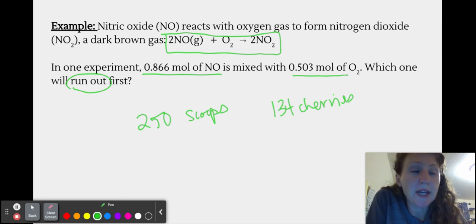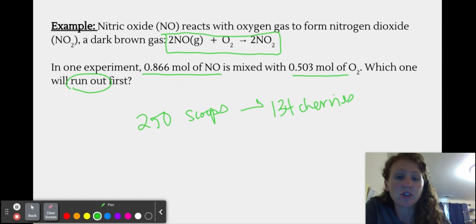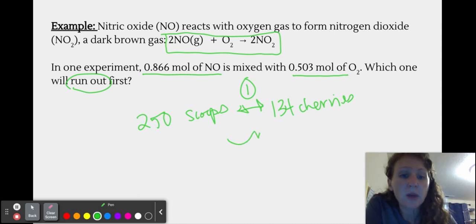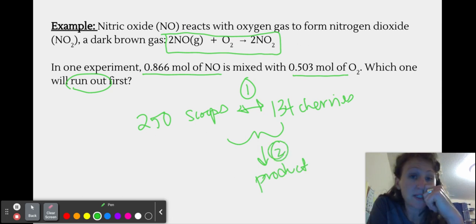There's really 2 ways you can go about this. You can compare these two to each other. That would be the first way to figure this out. Or you could compare these two to the product. That would be the second way to figure this out. And that's what we're going to do here. There's a number of different ways you can go about this question, but it all boils down to this.